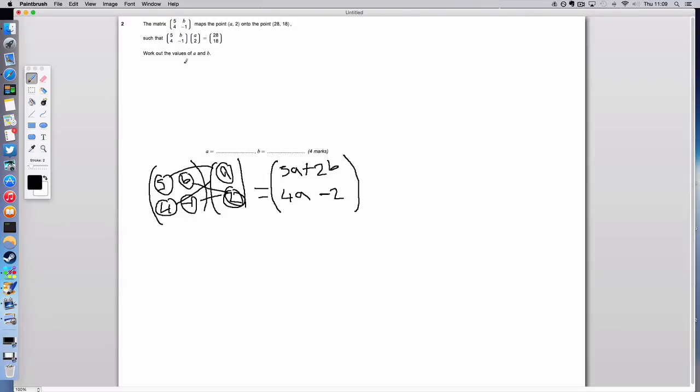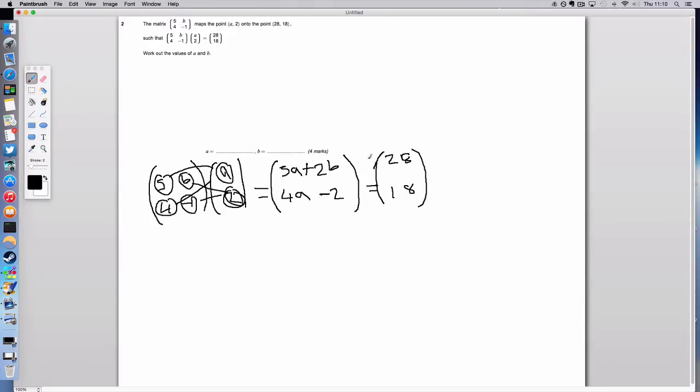Okay, so that's the product of the matrix multiplied by the vector, and we know that this transforms (a, 2) to the point (28, 18). So that's the important thing to remember, and you'll probably receive a mark just for explaining that these are the same.